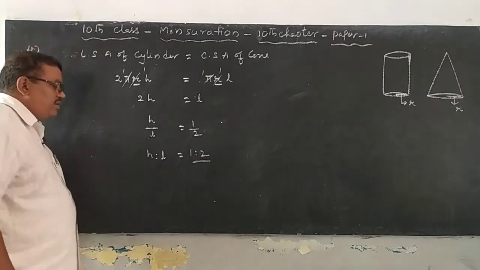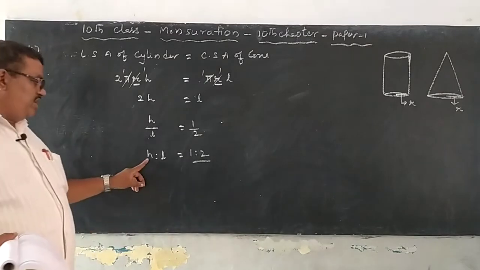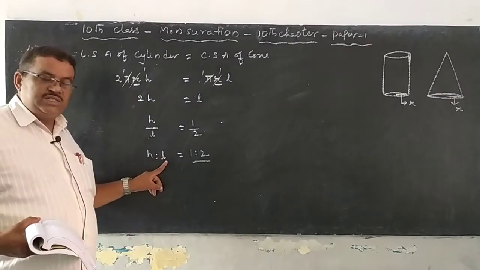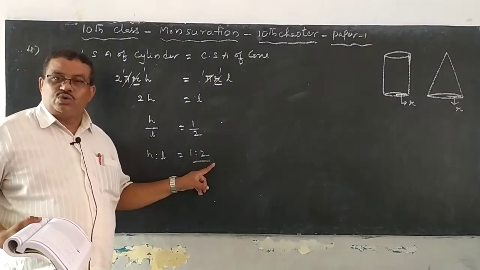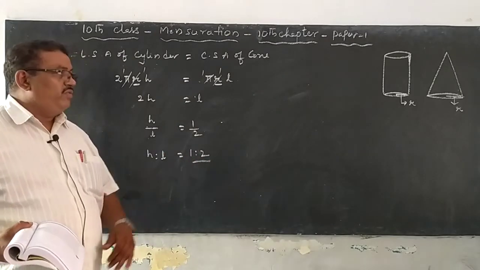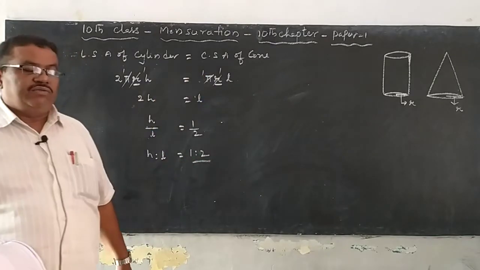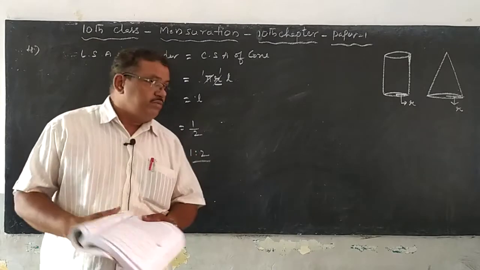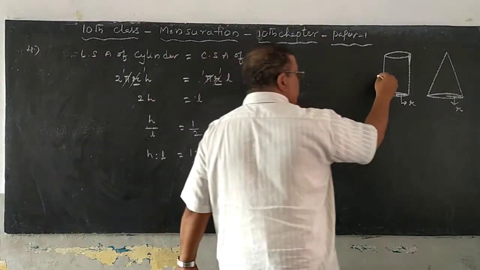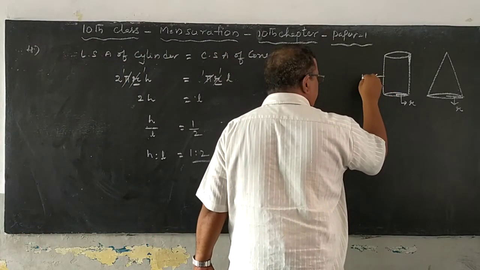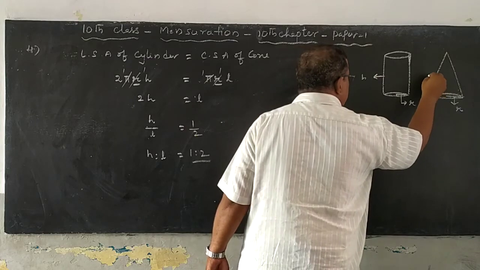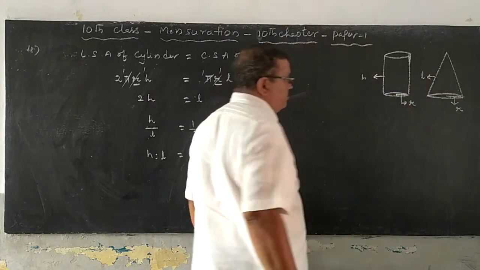So the ratio between the height of the cylinder and the slant height of the cone is 1 is to 2. This is the height of the cylinder, and this is the slant height of the cone, l.